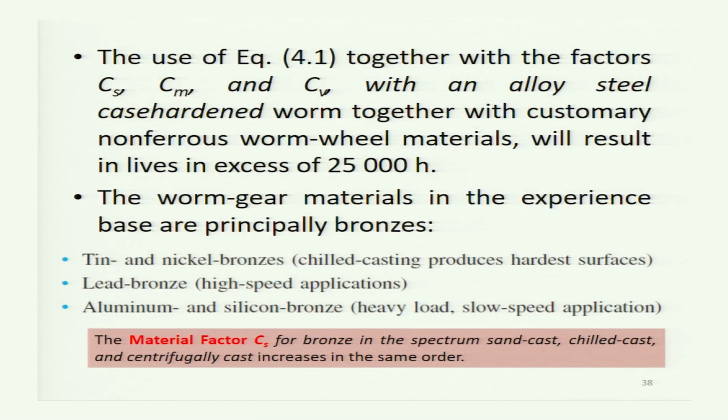Now, use of equation 4.1 together with the factors CS, CM and CV with an alloy steel case hardened worm together with customary non-ferrous worm wheel materials will result in lives in excess of 25,000 hours.